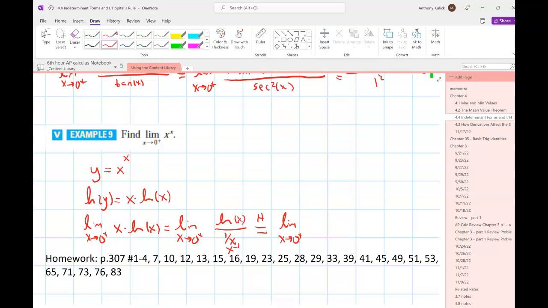So the derivative for the natural log of x is 1 over x. The derivative of x to the negative 1 is negative 1 x to the negative 2. So if I think about the numerator as x to the negative 1, the denominator is negative x to the negative 2. That simplifies down to just negative x, which when I do direct substitution is 0.